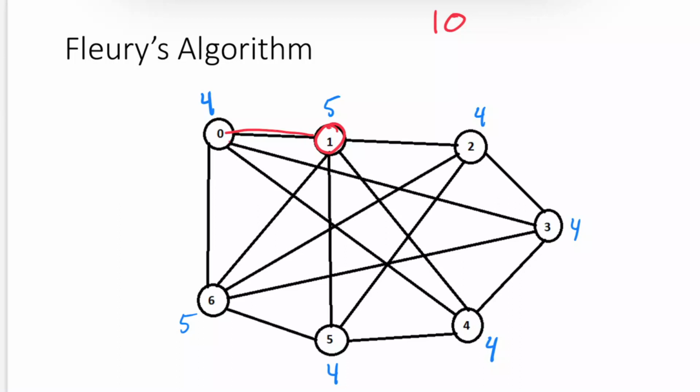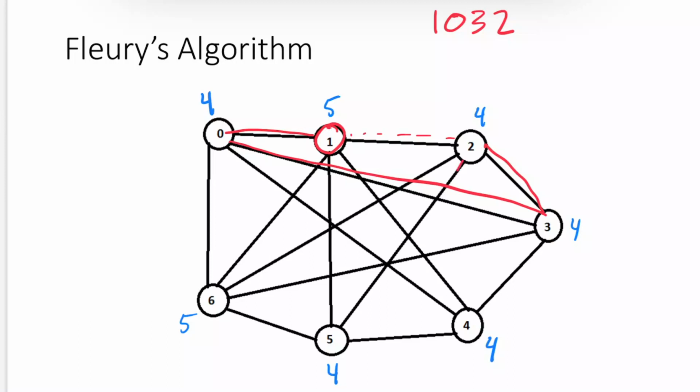Then maybe I'll go to vertex 3 because that doesn't disconnect the graph. Then I'll go to vertex 2, and at this point, I can't choose this edge right here because if I were to choose that edge, it wouldn't include all of the rest of the edges in the graph and it would disconnect the graph. And so I can't choose that edge, but I can choose any of the other ones.